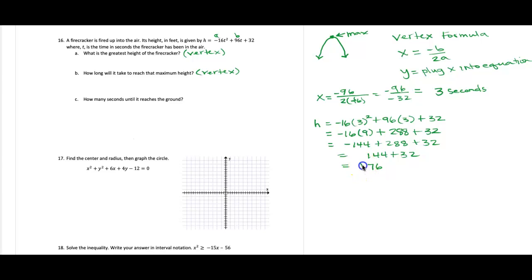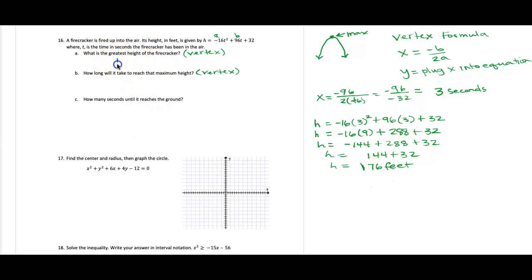All right, and 176 feet. That's what I was talking about with height, because the h that I'm finding is the height. And so that's why I found both of these, but then make sure that you're putting it in the right place.